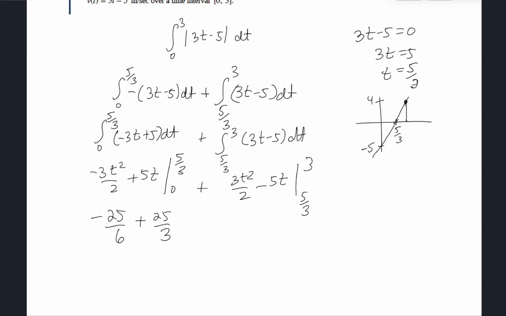And then if we stick in 3, we get 27 halves minus 15, minus, if we stick in 5/3, which I've already done once, that would be 25 over 6. And then that should be minus 25/3.